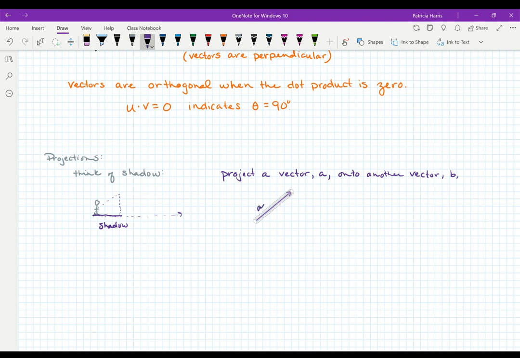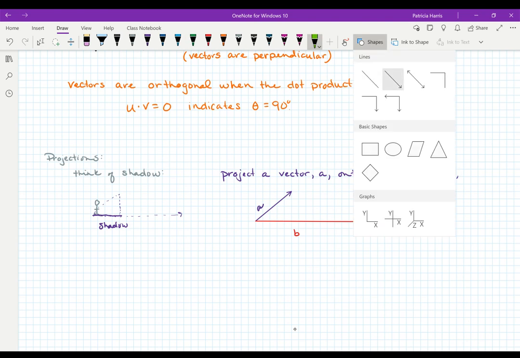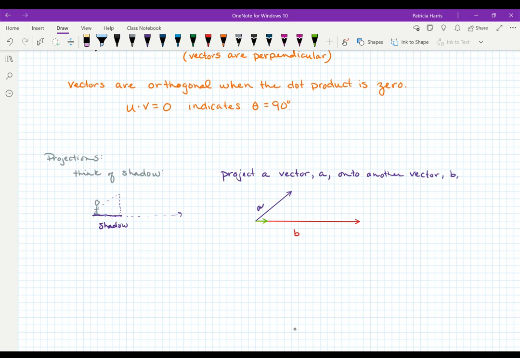Okay, so there's the vector A. There's my vector B, sorry. Okay, now I'm going to project A onto B, and it's going to make a 90-degree angle.